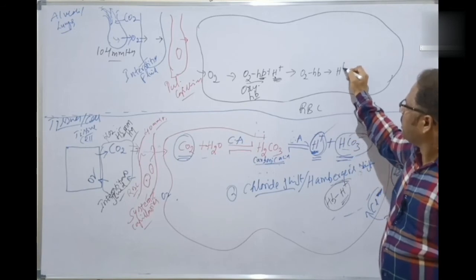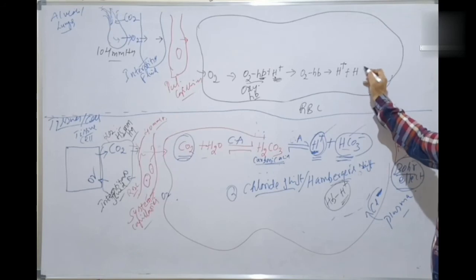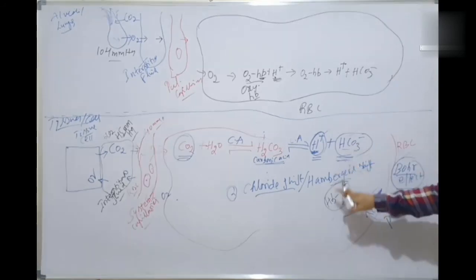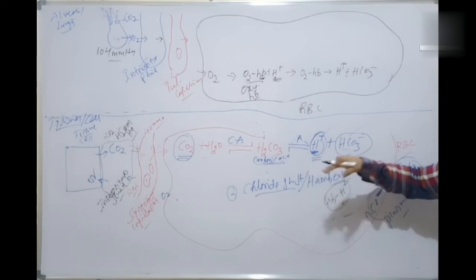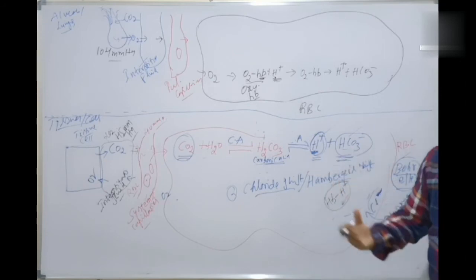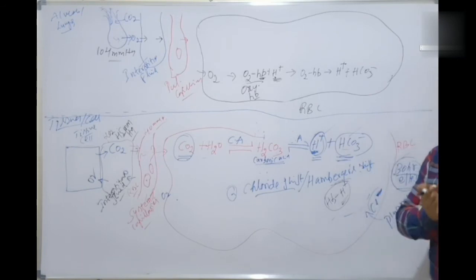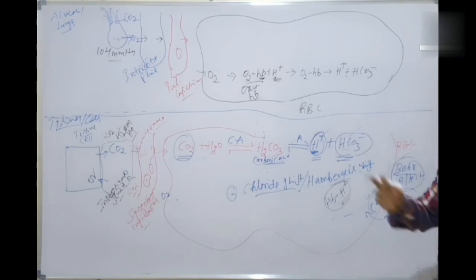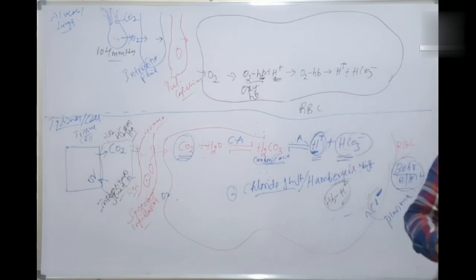That is why the H plus ions now mix with which one? Bicarbonate ions. Because I told you that some of the bicarbonate ions are still left inside the RBC. Only a few are going outside the RBC into the plasma. But still some HCO3 minus ions are left in RBC. So the H plus ion has no way left.